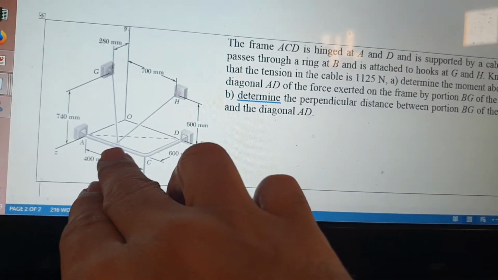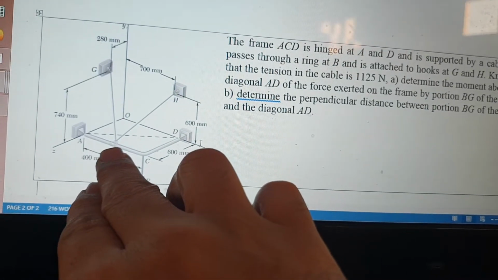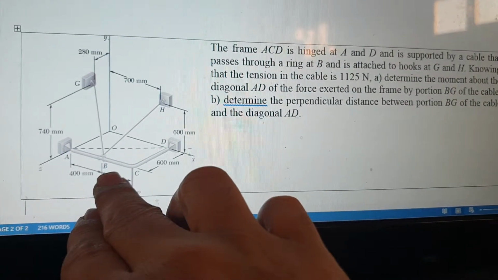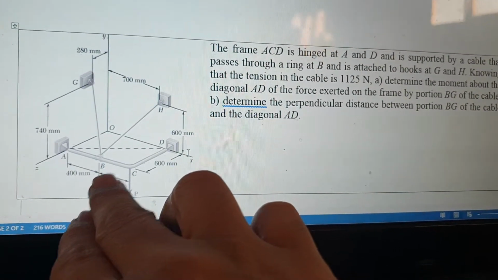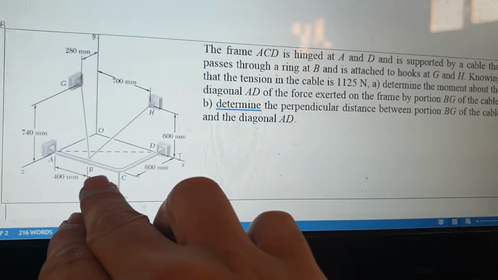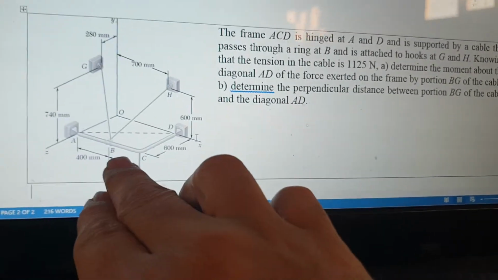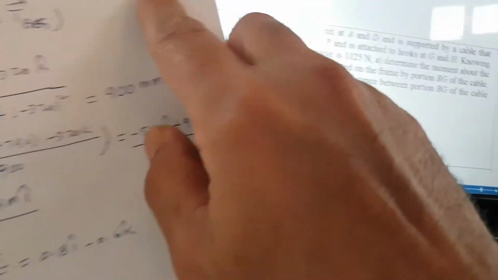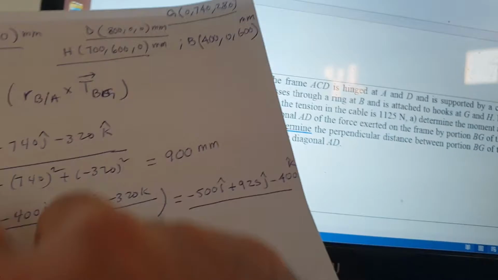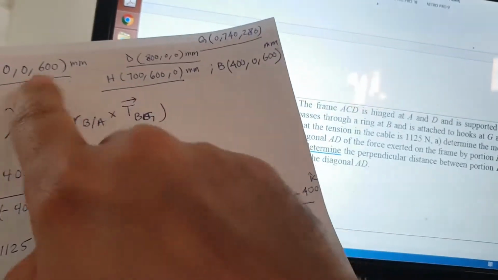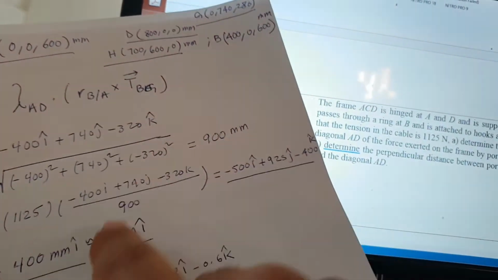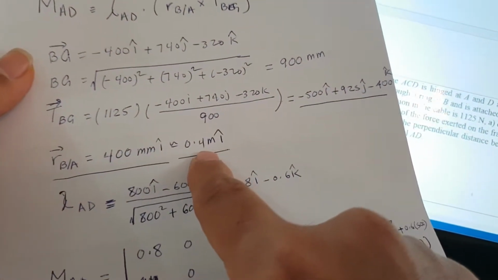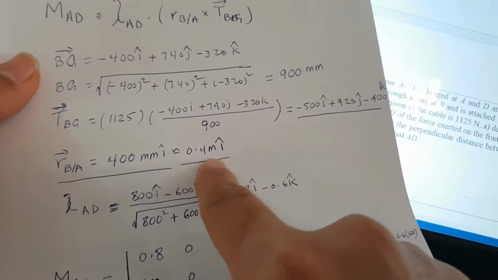You could do it either way, B minus A. 400 minus 0 is 400I. 0 minus 0, there's nothing. 600 minus 600 is 0. So it's only 400 millimeter I, which is equivalent to 0.4 meter I. We'll leave it like that.